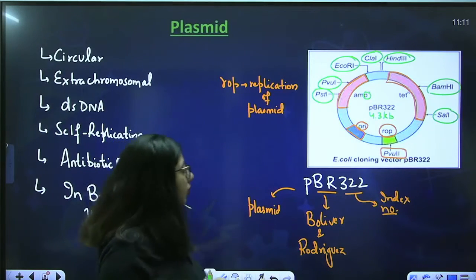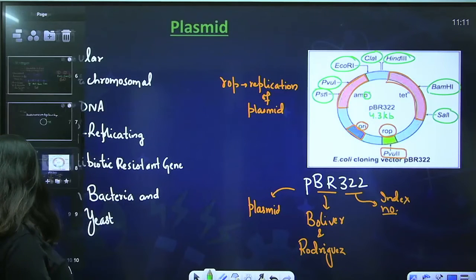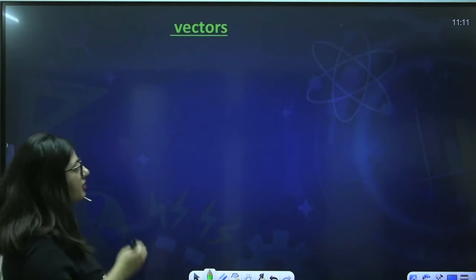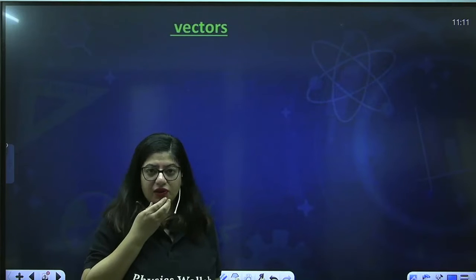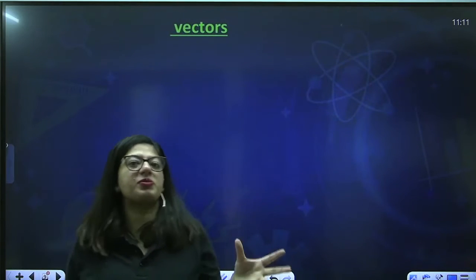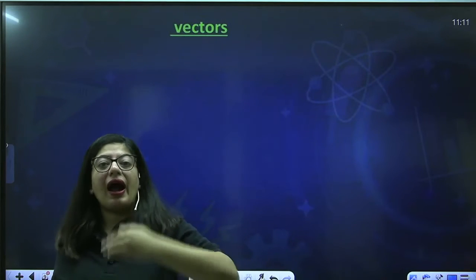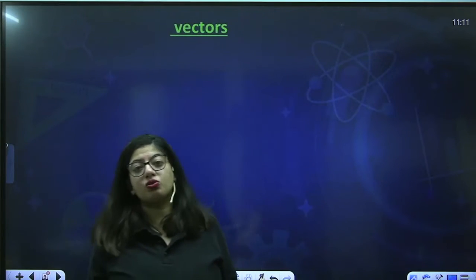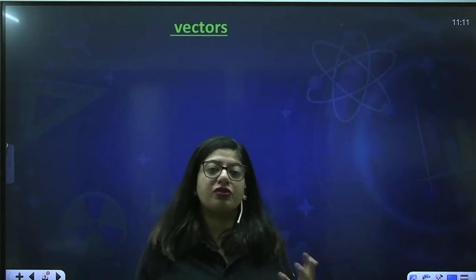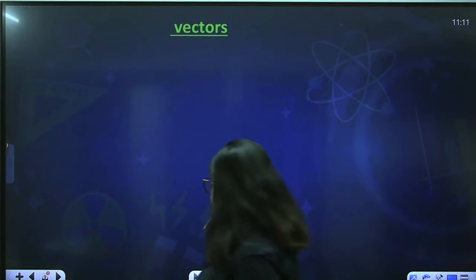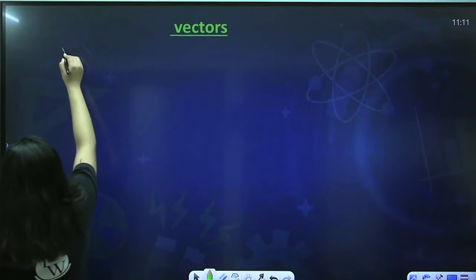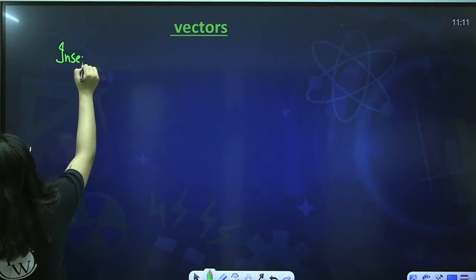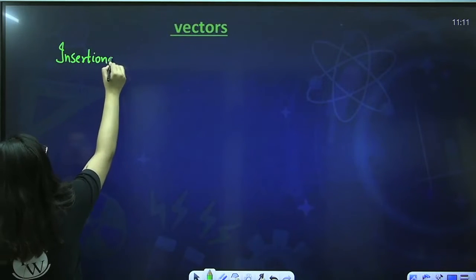Now, how are we able to select the transformants and non-transformants? There is a concept behind this, of how adding a gene into an antibiotic resistant gene helps us to identify between transformants and non-transformants, and that concept is insertional inactivation.